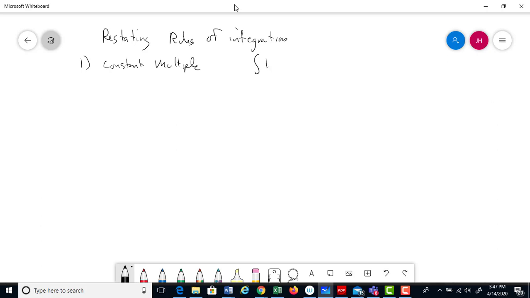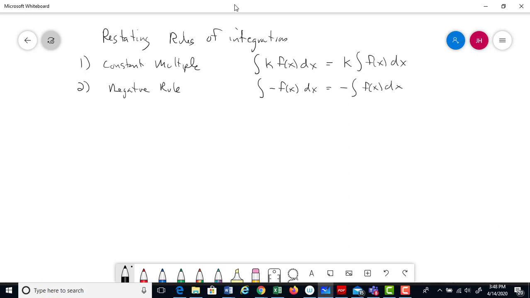I can have the integral of k times f of x dx is equal to k times the integral of f of x dx. What we can do is just pull out constants. Constants are preserved. The sign or the negative rule: the integral of minus f of x dx is equal to minus the integral of f of x dx. That negative sign is conserved.